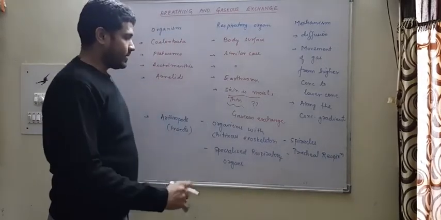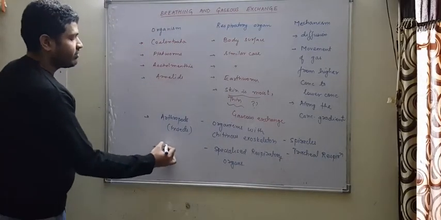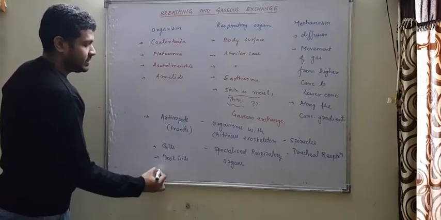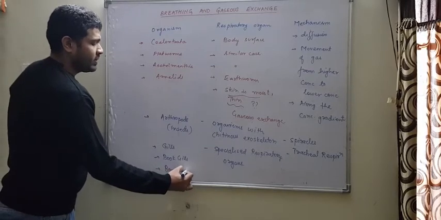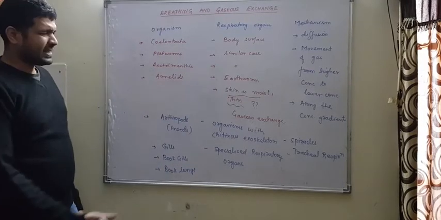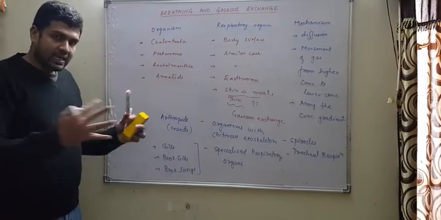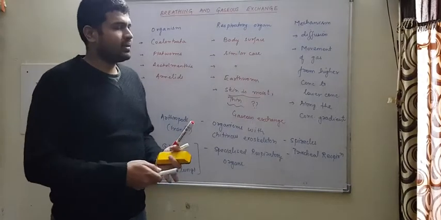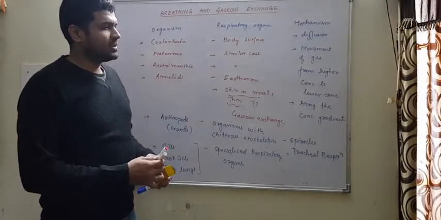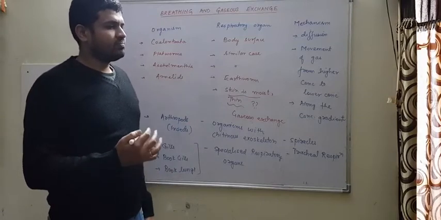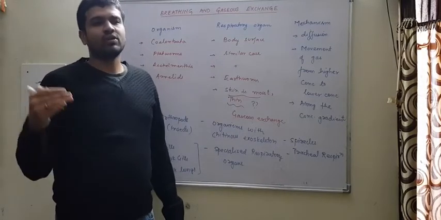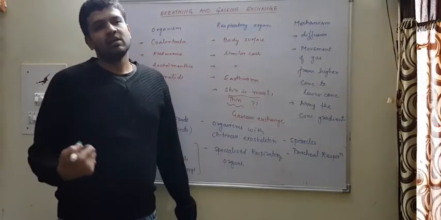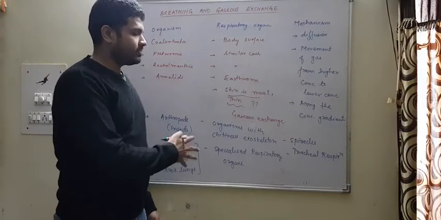And in aquatic arthropods, we have gills, book gills, book lungs. All these have very large surface area. They are very thin and moist. One more thing: usually the flow of water for aquatic forms is opposite to the flow of the circulating fluid.